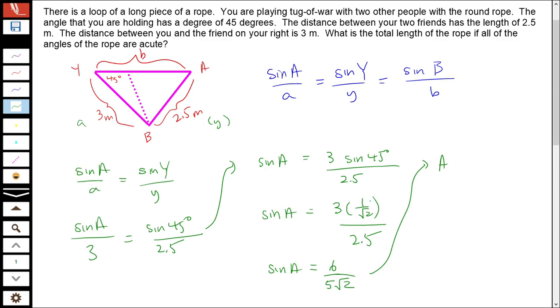Now, this is where we kind of have to be careful with the sine law. So this is where it's going to give us 2 different numbers. Okay. Now, once we have this completed ratio, when we are solving for the angle, that's when we have to refer to the CAST rule. So let me draw the Cartesian plane for our CAST rule.